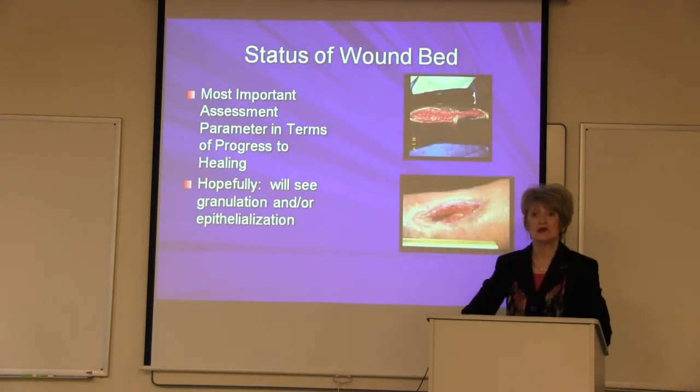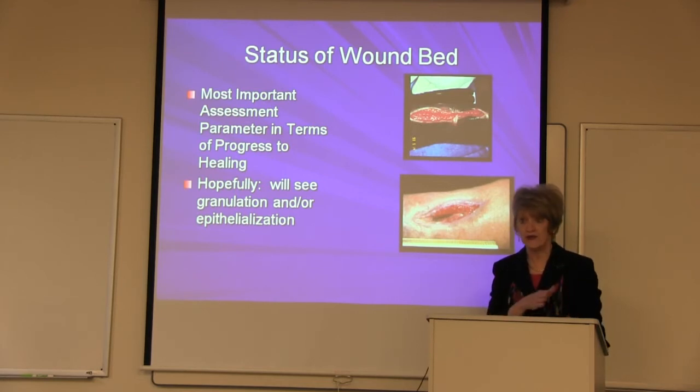Now, the next thing you want to look at is the status of the wound bed. What kind of tissue do you have in the wound bed? You don't just want to document color. Color does not tell you what you really need to know. What you really want to know is where this wound is in that wound healing trajectory.